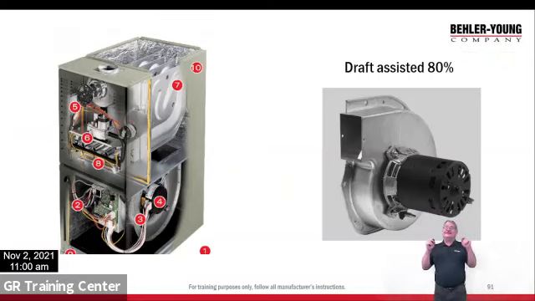It's not really a draft inducer, this is more of a draft assist. We're still using a gravity chimney, the B-vent chimney with it. So this is assisting the draft, because this took the place of the draft work. What it did was control the rate at which the flue gases pass through that furnace.